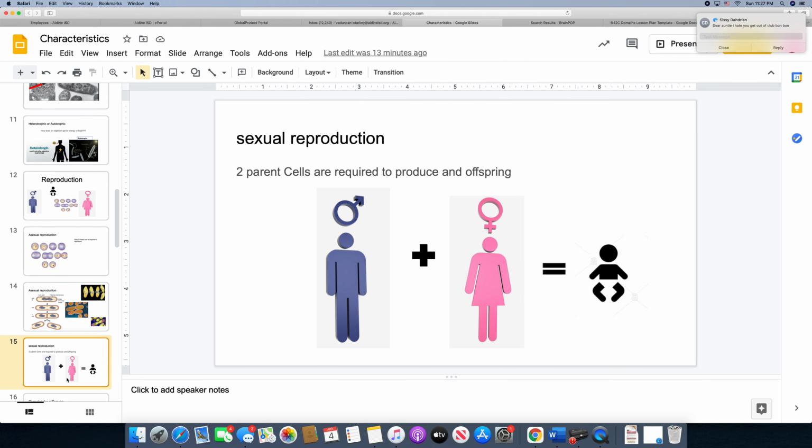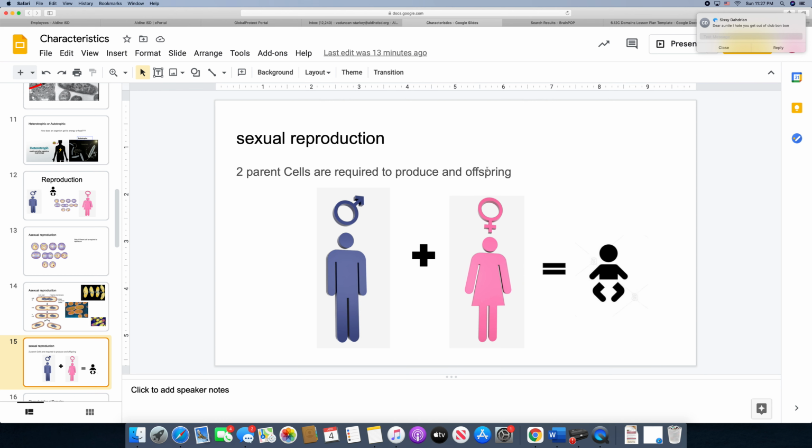The next type of reproduction is sexual reproduction. This is the more familiar reproduction style. This is where two parent cells are required to create an offspring.